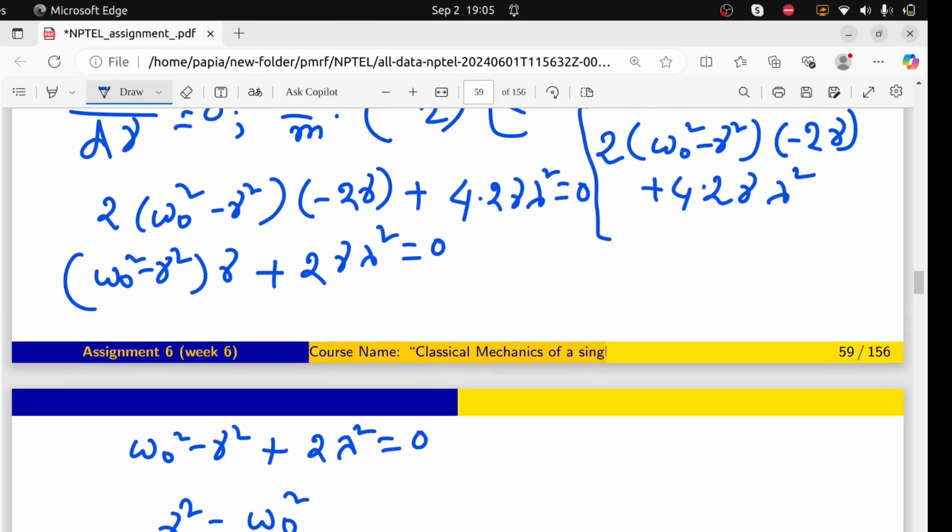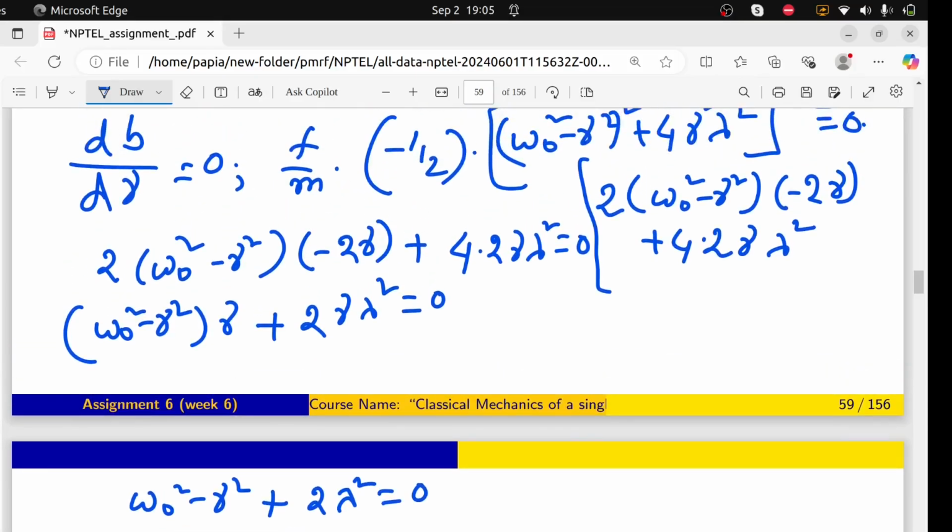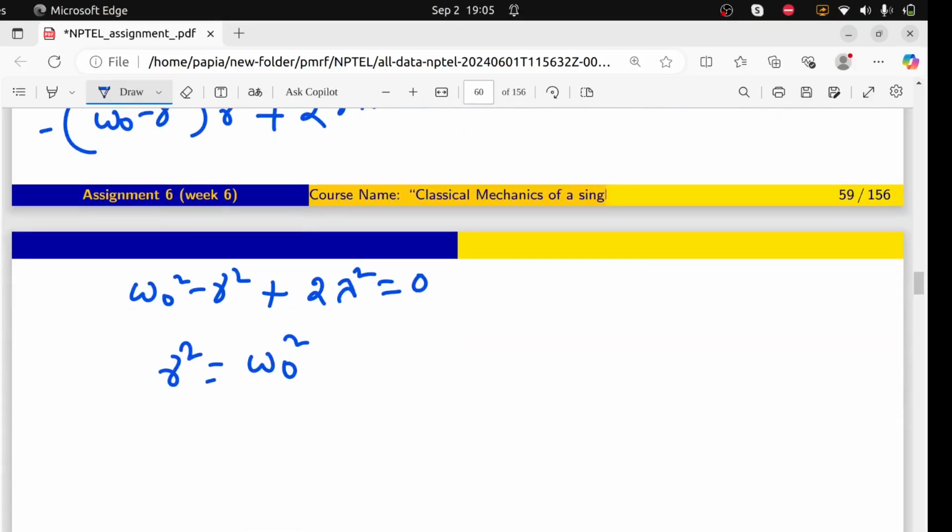Yes, plus 4 plus minus. Okay, here is a minus sign. So that means there will be a minus. So I can write it like minus omega 0 square.